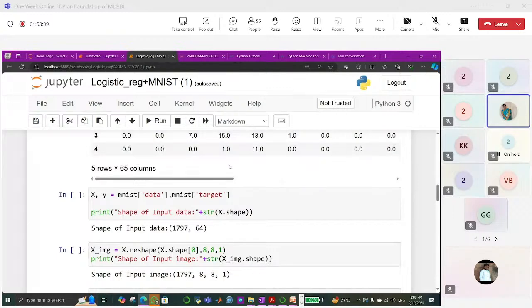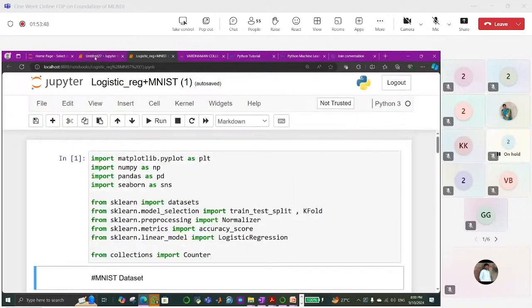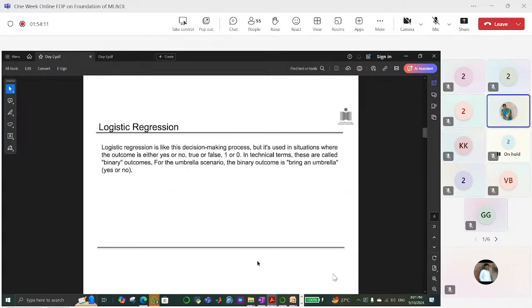Otherwise, if you have a Python tool, you can run it in Jupyter or Spyder. So this is the program. This is about logistic regression.